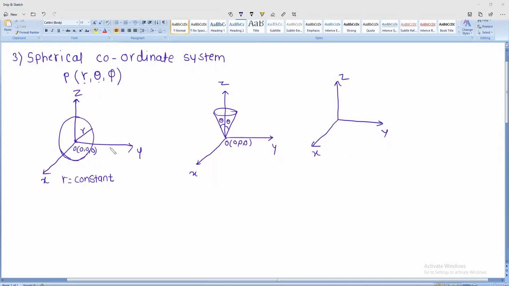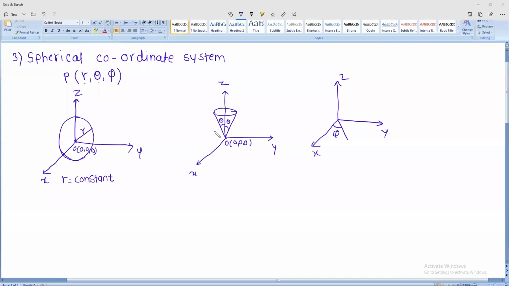In the same way, in the spherical coordinate system, this phi is the angle between the x-axis and the perpendicular plane of the sphere. This angle rotates from the x-axis, meaning it starts from the x-axis only.